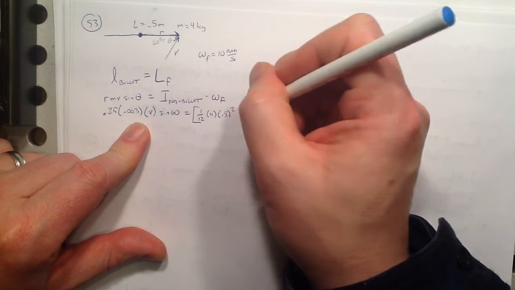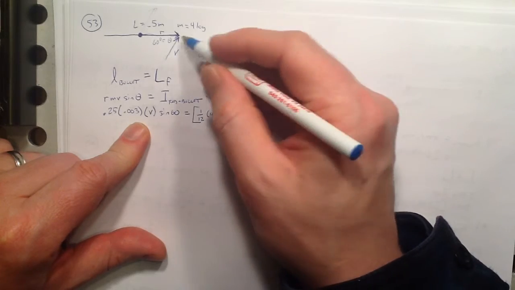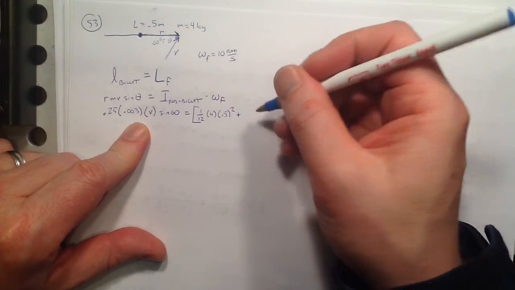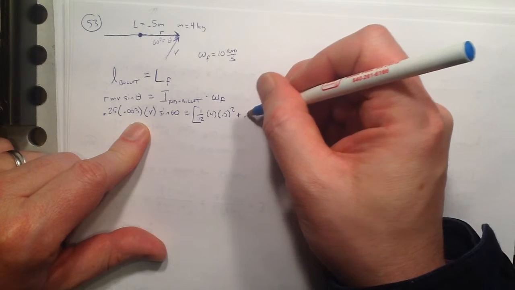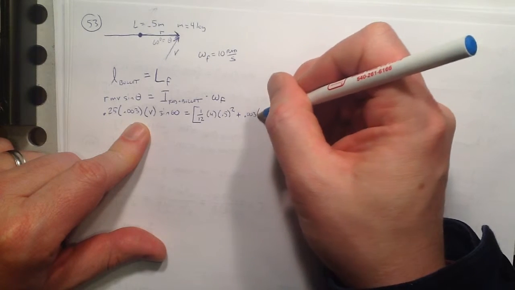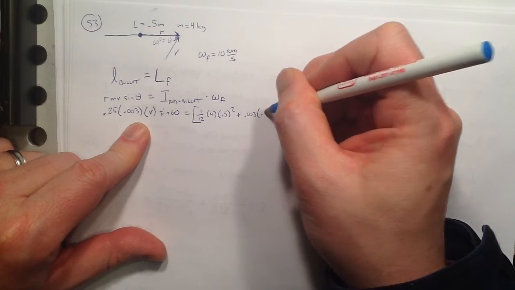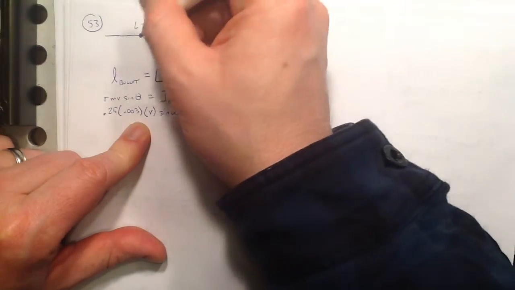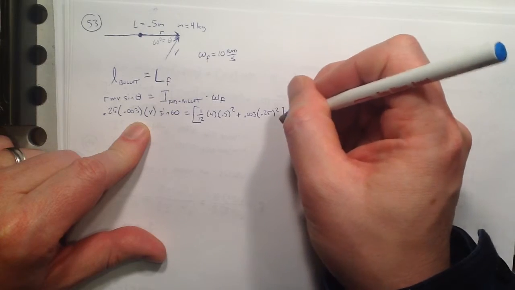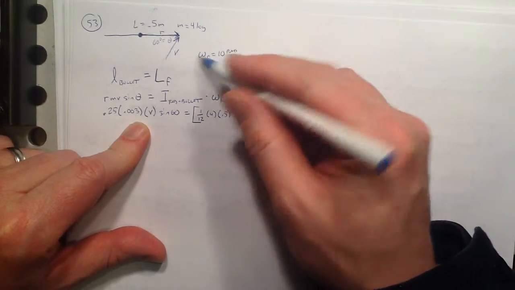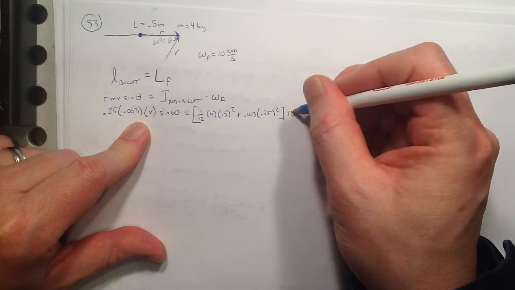That's the rotational inertia of the rod. And then we add the bullet as a particle, so we add mr squared for the bullet, at a radius of 0.25, squared, times the final angular velocity, which is 10.